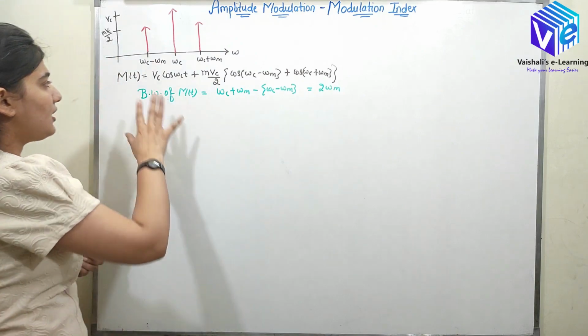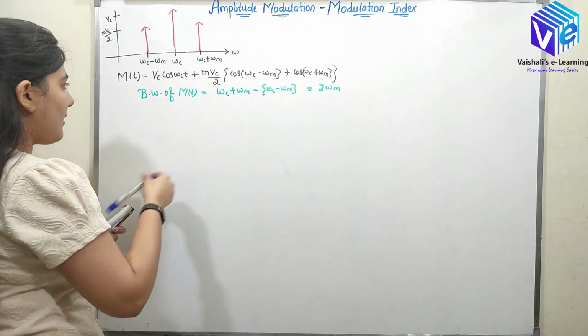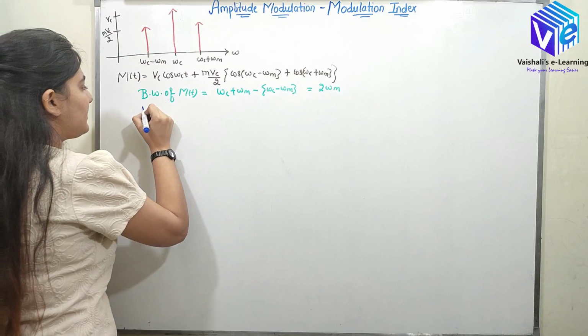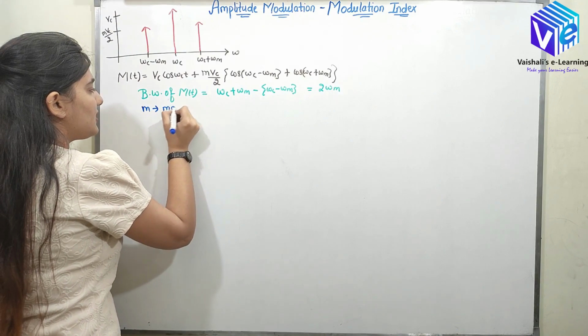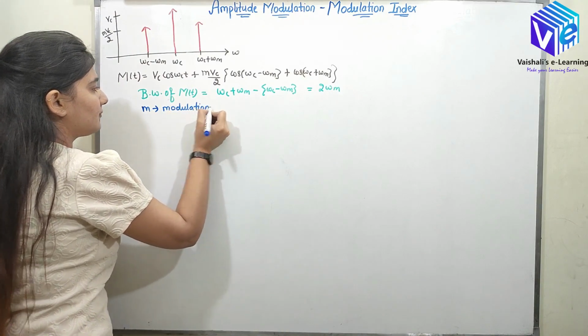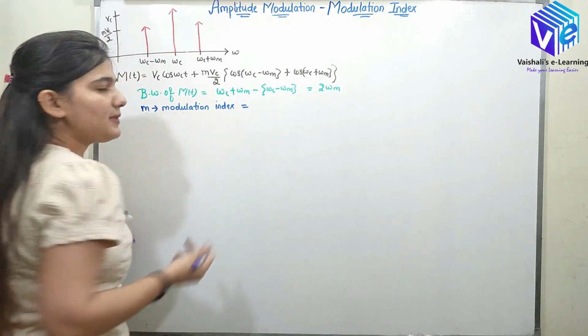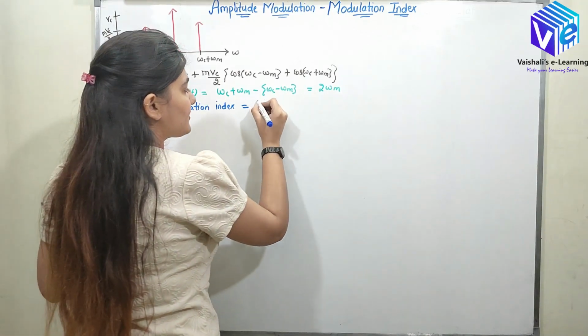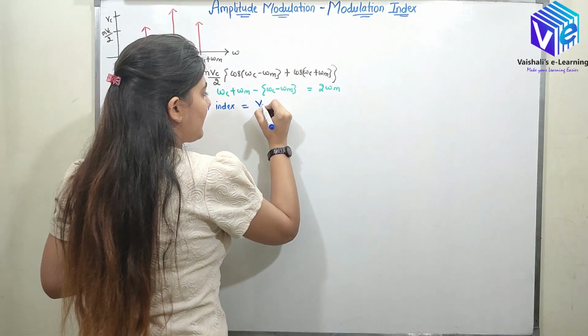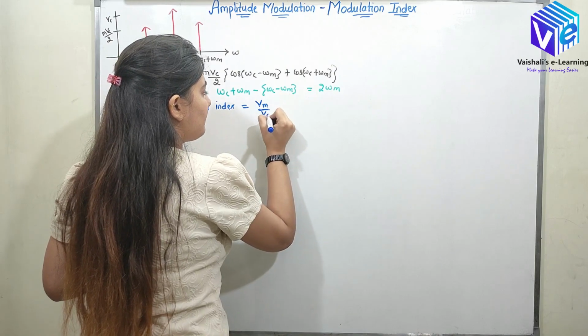From here I can see the bandwidth does not depend upon the carrier signal, it depends only on the message signal. Now if I talk about the modulation index, m represents the modulation index. In my previous video I told you its mathematical expression: m equals Vm by Vc.